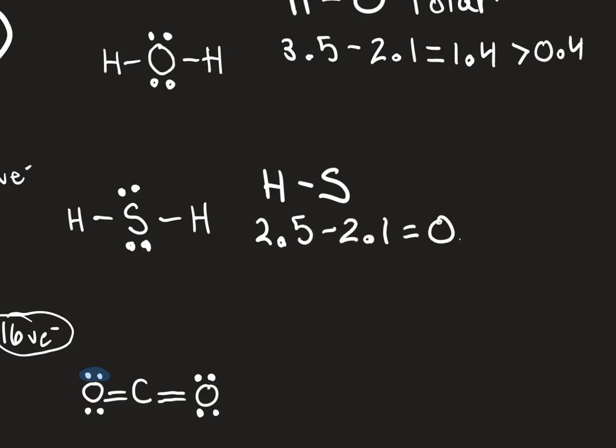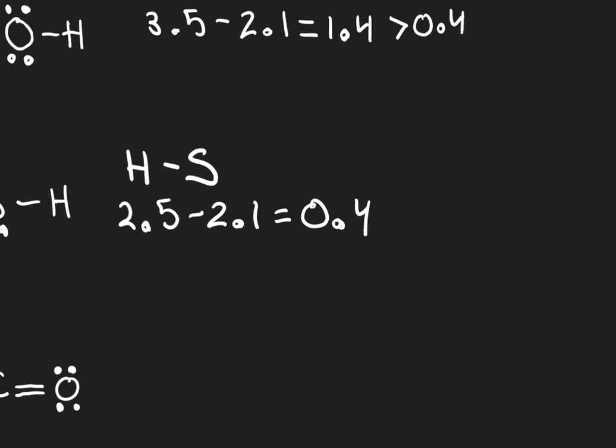That is equal to 0.4, which is right on the cusp, and we decided that 0.4 is going to be non-polar. So this is going to be a non-polar bond. And if you need a calculator to do these, please grab one.